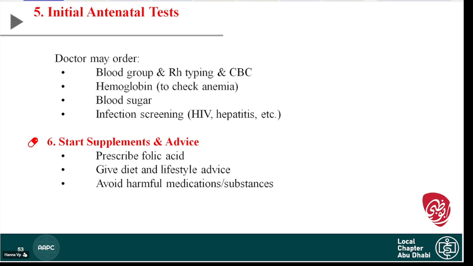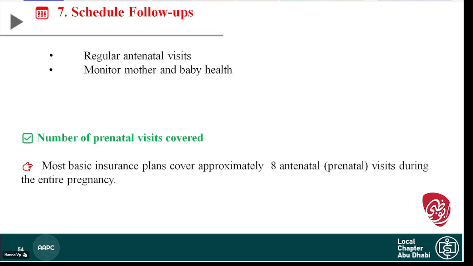At the same time, they will order and start the supplements and advice. They prescribe folic acid, give diet and lifestyle advice, and advise avoiding unprescribed medications and substances. These are the other things they will recommend. Then the next one, schedule the follow-ups.